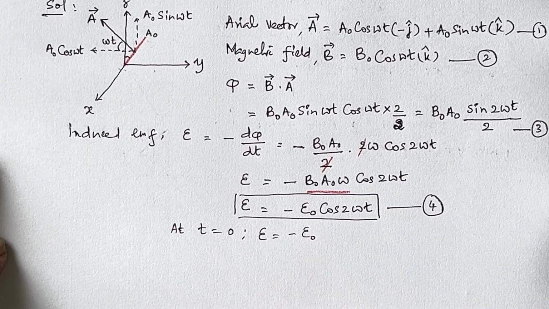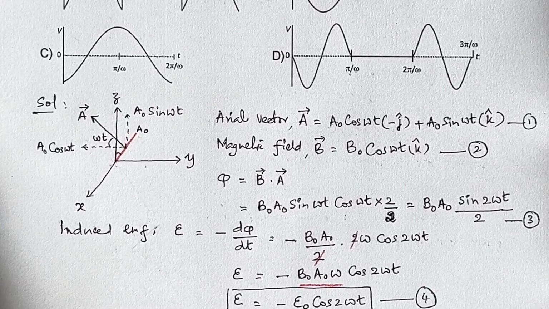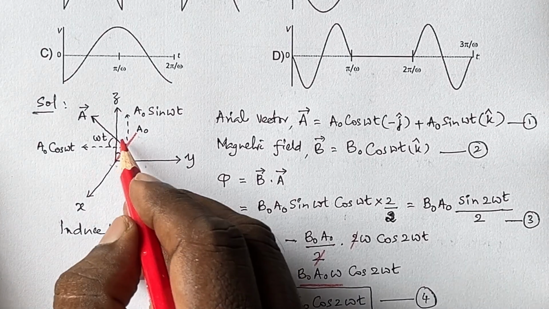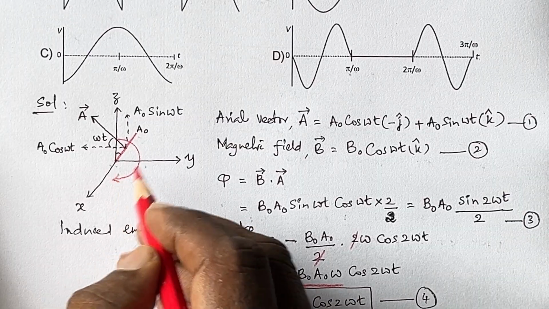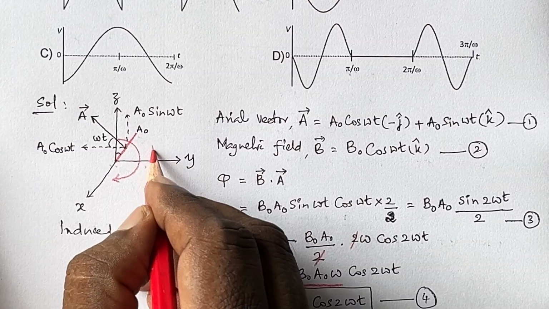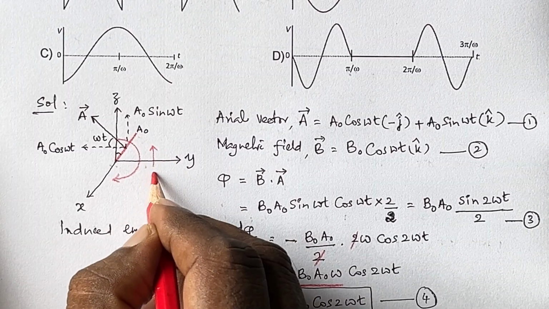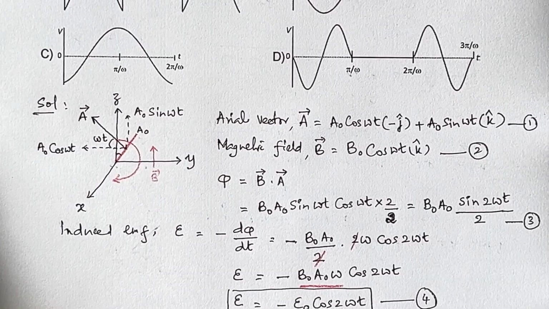And here what we know is this magnetic field is there only in half a rotation. In half rotation only the magnetic field is there. In the next half there is no magnetic field.